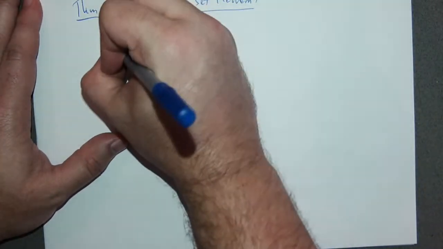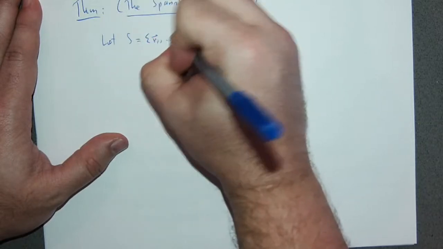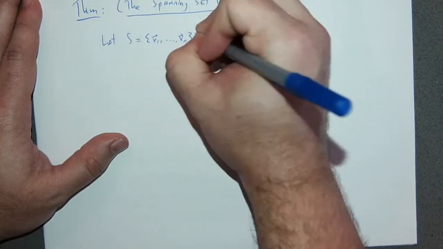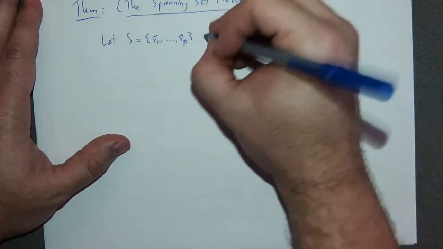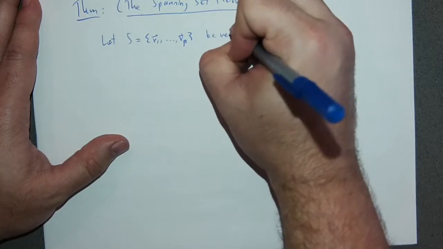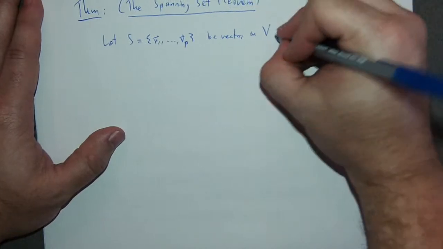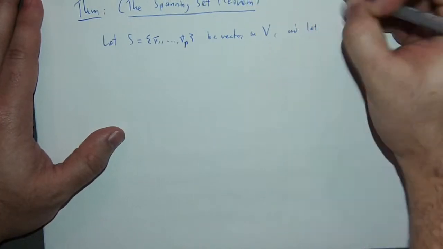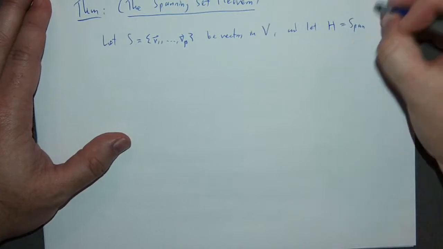Let S be the set of vectors v1 to vp. I shouldn't use n there, use p. Let them be vectors in V, and let H be the span of those vectors in S.